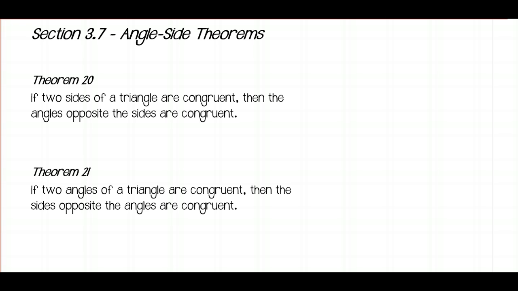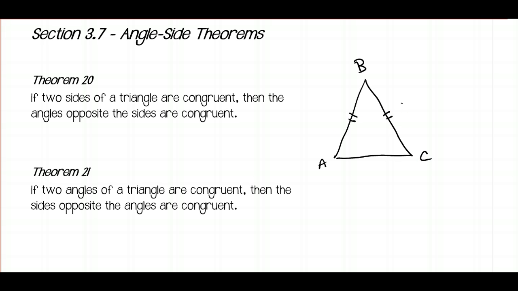So the first theorem is: if two sides of a triangle are congruent, then the angles opposite the sides are congruent. So we're basically looking at an isosceles triangle, and we know that two sides of the triangle are congruent.